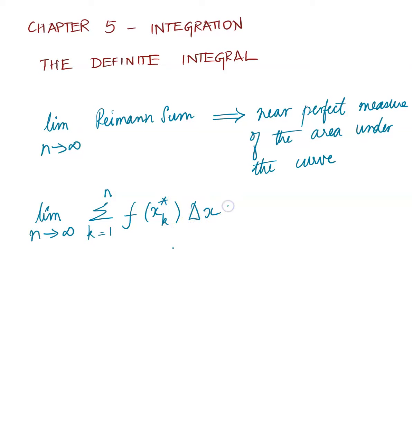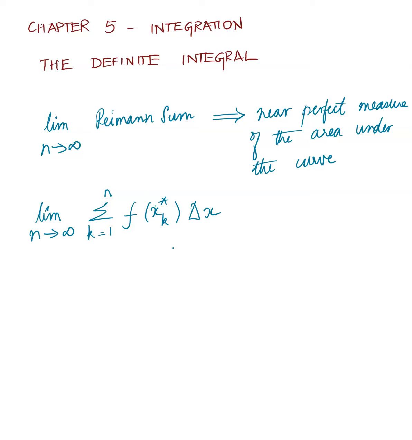This was the one we saw for the Riemann sum, and if you remember, x_k with an asterisk, with a star, tells us that you can choose any point in the interval. It doesn't have to be the left endpoint, the right endpoint, or the midpoint. It could be any point in the interval, and that's because your rectangles are so thin, it really doesn't matter where you pick your point.